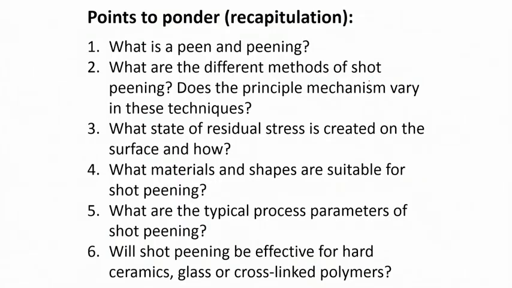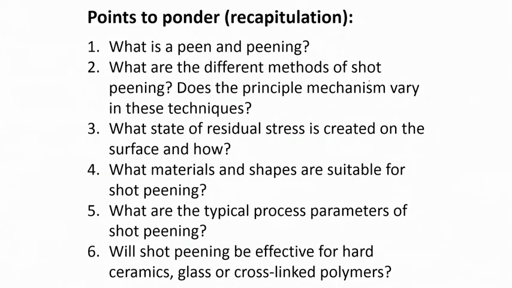So, time to recapitulate. First of all, we have understood what a peen is, which is the rounded or blunted head side of a hammer, and peening means as if you are hitting with such blunted heads. When you hit, you deform up to a limited depth, and this kind of deformation can create and accumulate dislocations, which in turn can create a residual compressive stress.